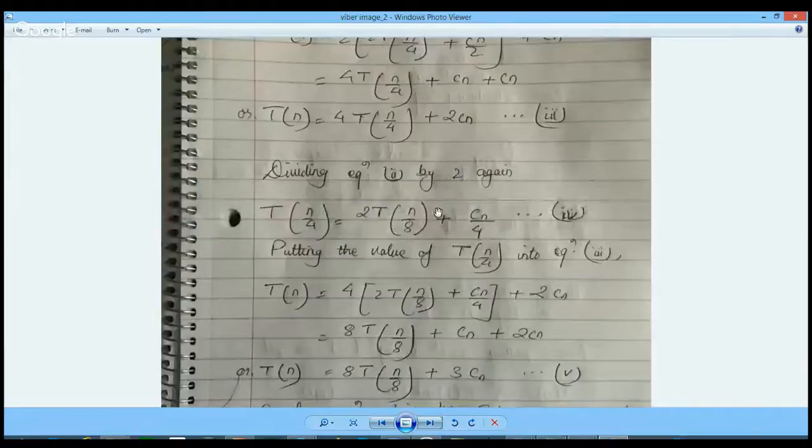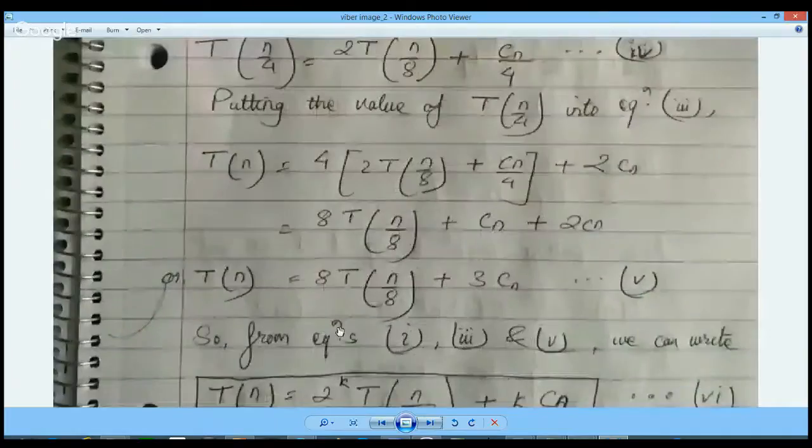This is what we get after dividing it further. Now putting this value of T(n/4) into equation 3, right here, let's replace this by this whole expression. We will get T(n) equals 4 times (2T(n/8) plus Cn by 4) plus 2Cn.